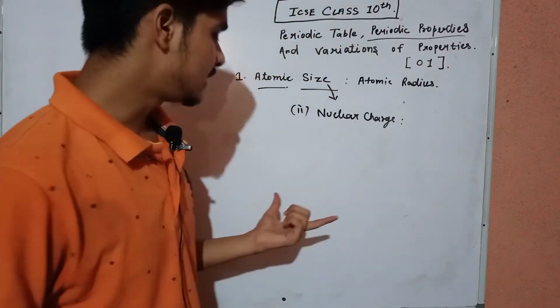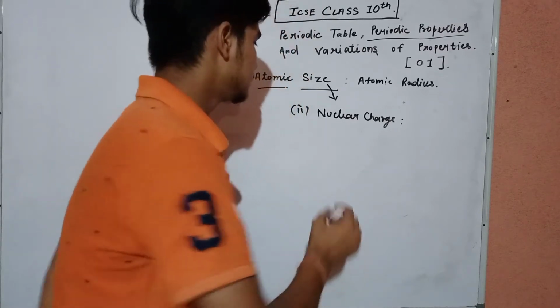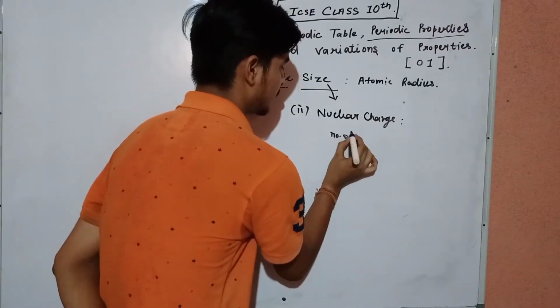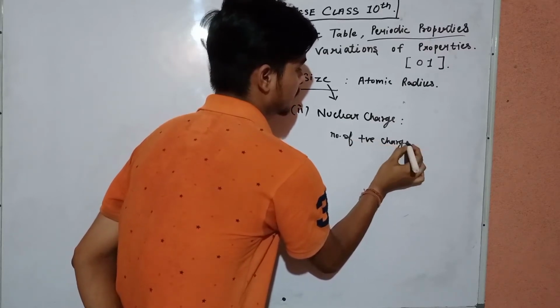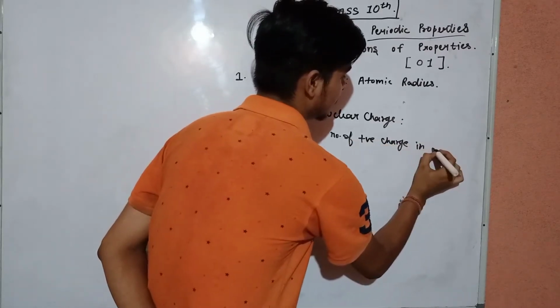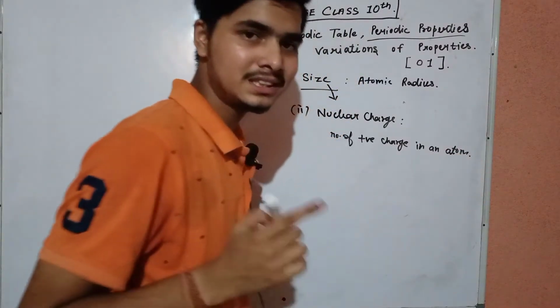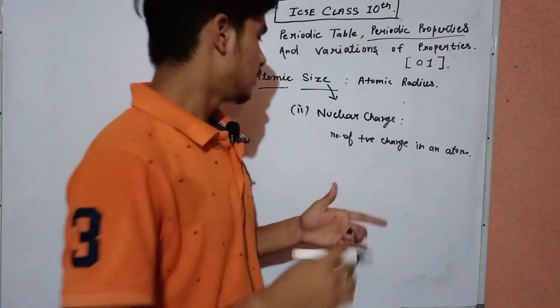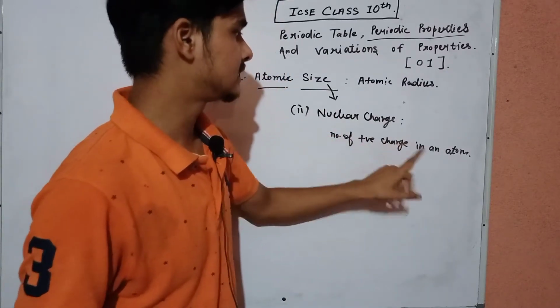Nuclear charge is as simple as the number of positive charge in an atom.